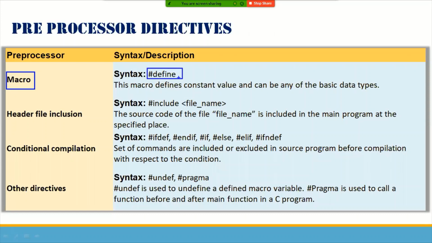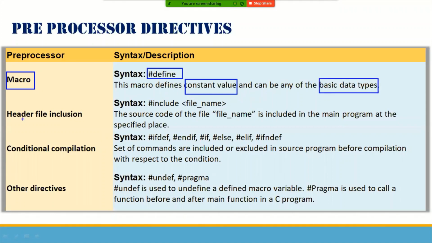This macro defines a constant value with the help of a particular symbol. A constant value will be given to a particular symbol. That symbol is called the template, and the value is called the expansion. This constant value can be any of the basic data type values.